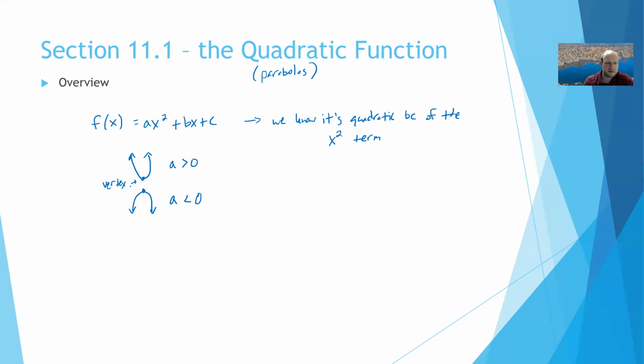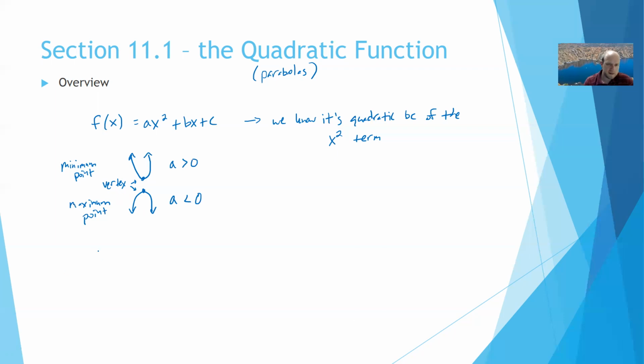In this one, the vertex is going to be the minimum point of the quadratic, and in the bottom one down here, the vertex is going to be the maximum point of the quadratic. We'll cover an example of the minimum point later, and I also covered an example of the maximum point in section 11.1.